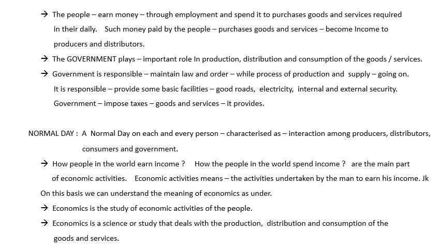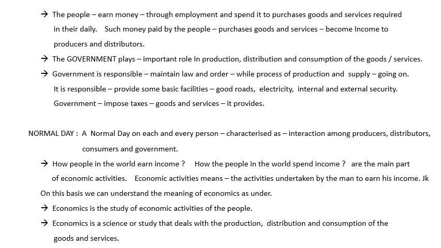Such money which is paid by the people while purchasing goods and services becomes income to the producers and distributors. We have studied already that there are producers, distributors and consumers. Consumers engage in different types of employment and earn their income. The income earned by the consumers is spent to purchase goods and services required by them.